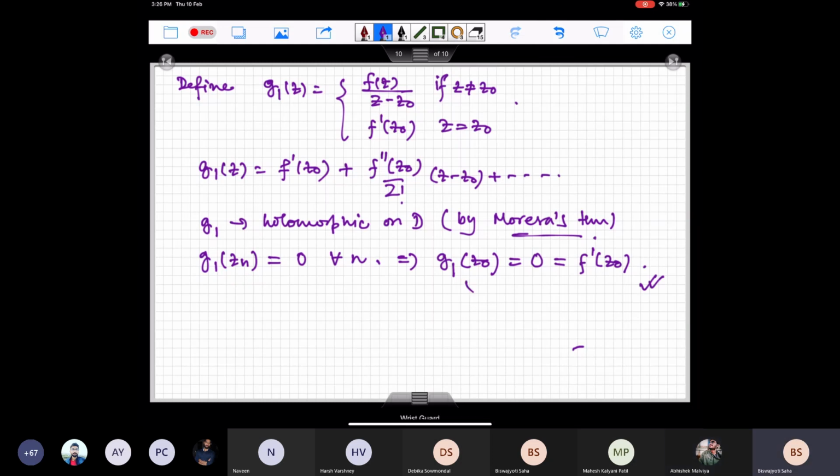First of all, this is the definition, and this is equal to 0 because zn goes to z naught and g1 is a holomorphic, or continuous, function. Fine, so therefore my f double prime of z naught is also equal to 0.